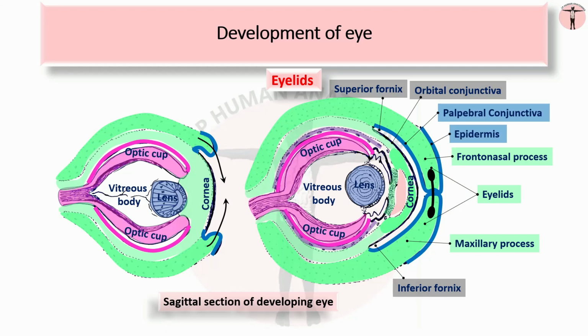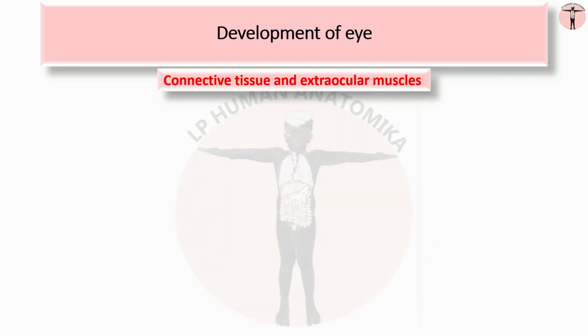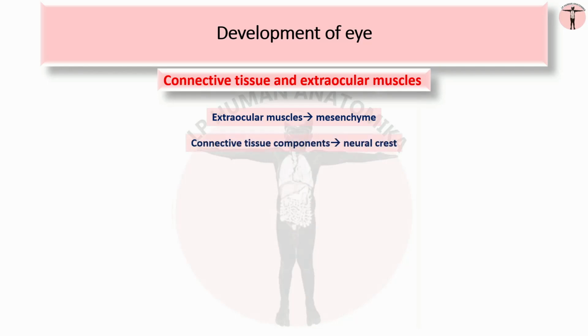Coming to the last part of development, the connective tissue and extraocular muscles. All the extraocular muscles of the eyeball develop from mesenchyme. The connective tissue components are derived from neural crest. The muscles innervated by cranial nerve 3, that is the oculomotor nerve, are derived from the first pair of somites.